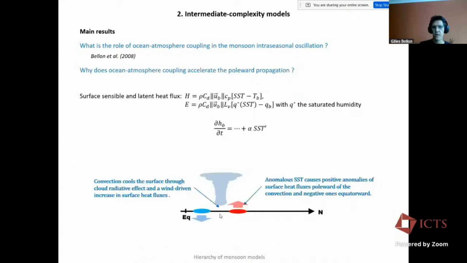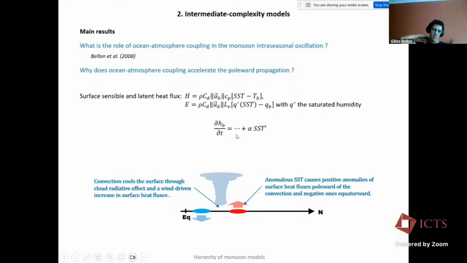Because the SST is higher, warmer poleward of the convection. And that's just from surface sensible and latent heat fluxes, which are both, for the sensible and the latent, a function of SST, or the saturated humidity for the latent.